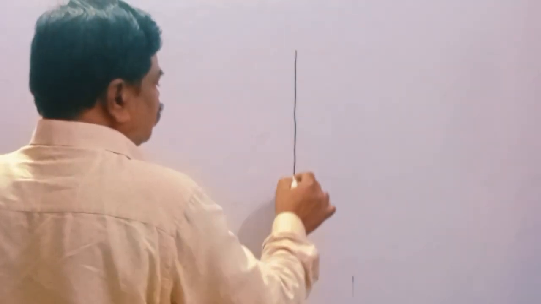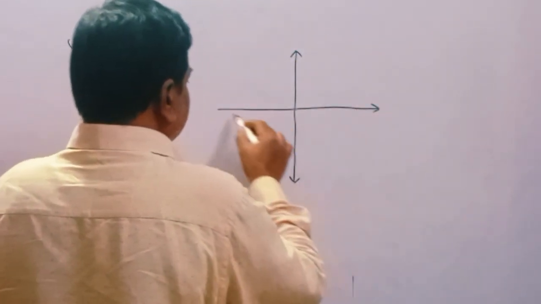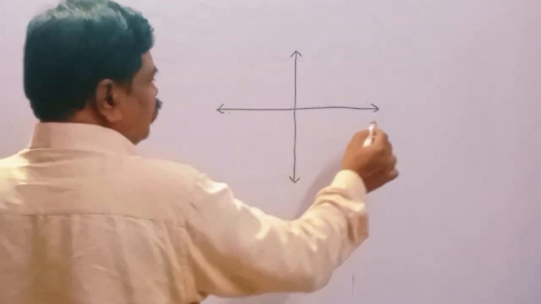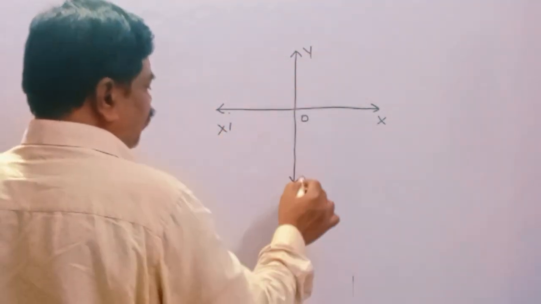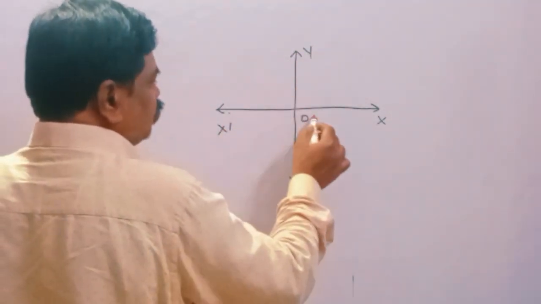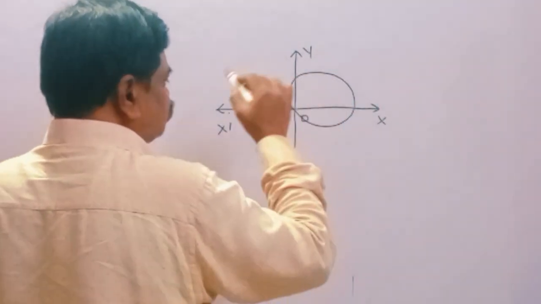So this is the vertical axis and this is the horizontal axis. This is the x axis and this is the y axis. So the circle passes through the origin.